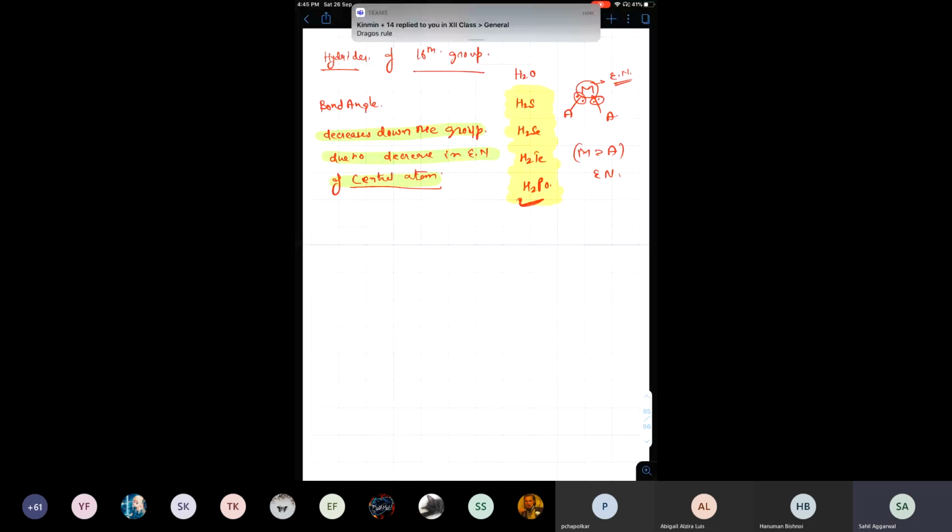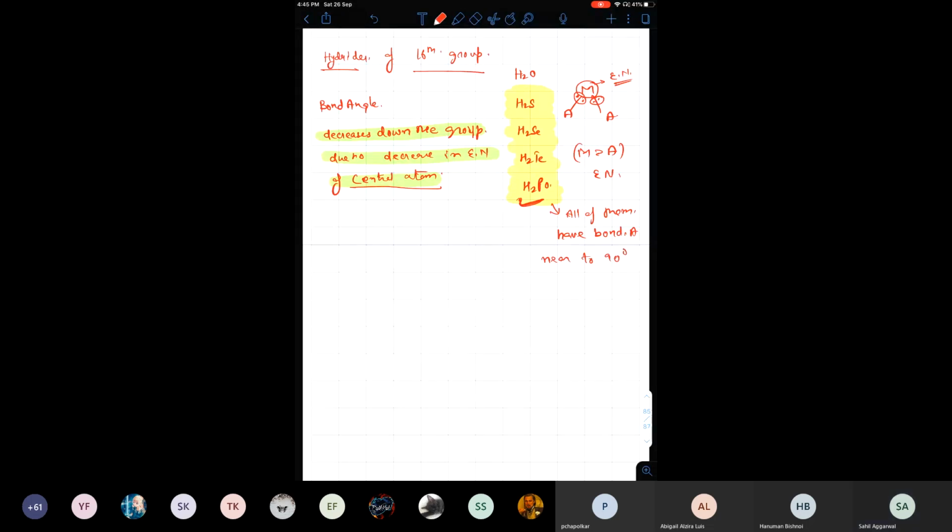All of them have bond angle near to 90 degrees due to Drago's rule.